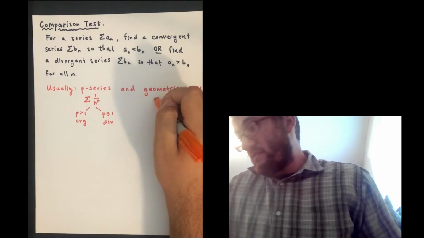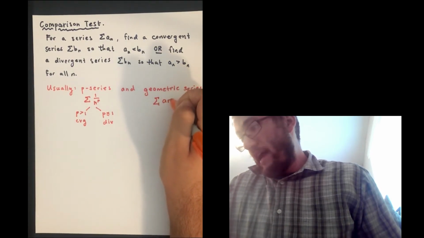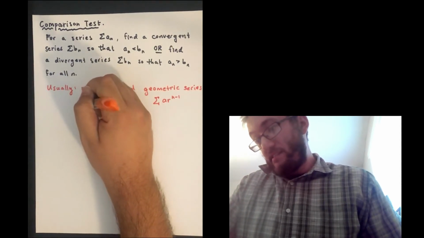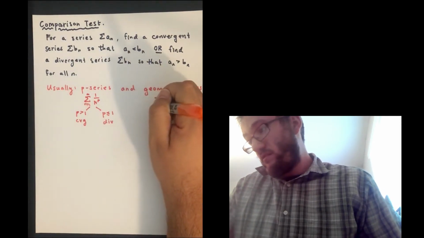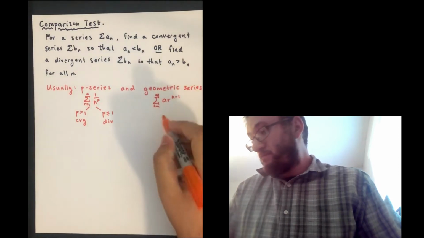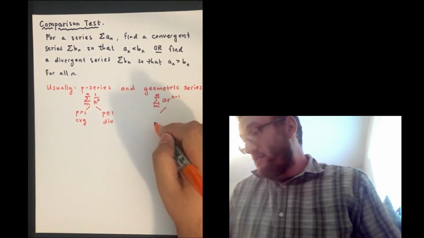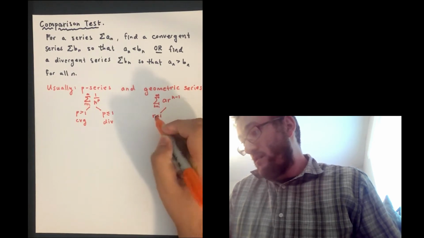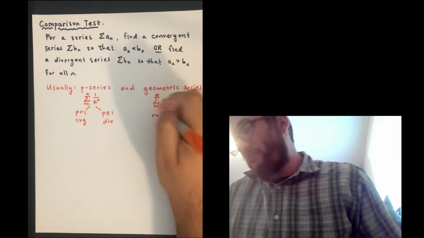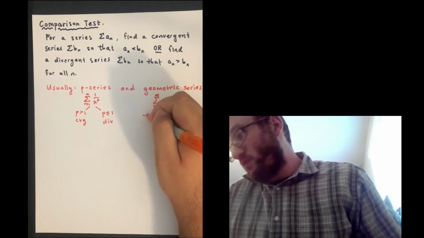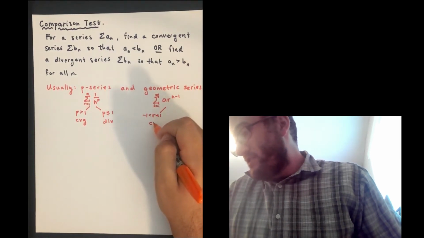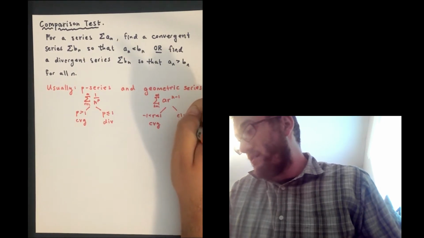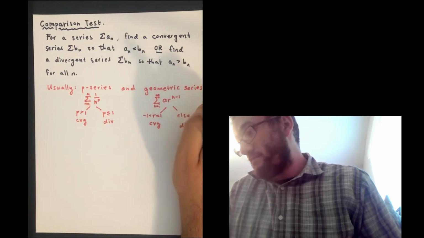Geometric series are series of the form sum of a r to the n minus 1. I should add the indices here so it's not confusing. And for the absolute value of r less than 1, or r between minus 1 and 1, this is convergent, and otherwise it's divergent.